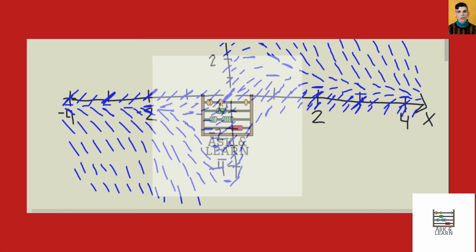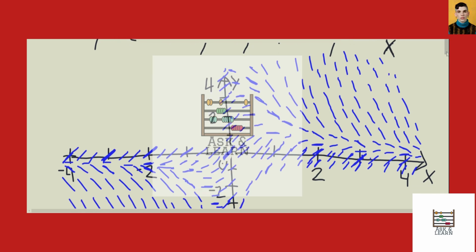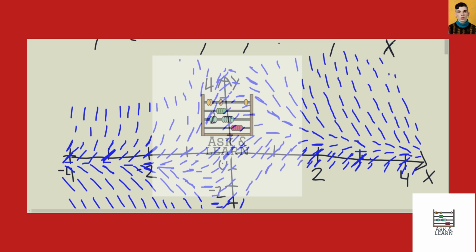And so we see that as we get further and further away from the origin in these two quadrants, the slope is going to get steeper and steeper.